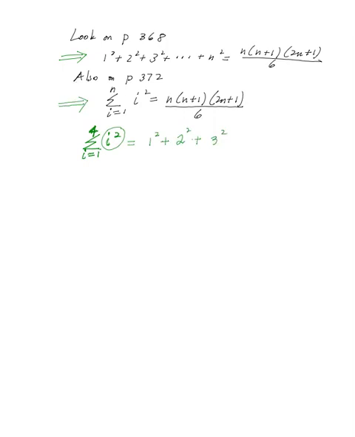Put 3 in here, you get 3 squared. Sigma means add. Let i be 4. So this is a fancy way of writing 1 plus 4 plus 9 plus 16, which is 30.